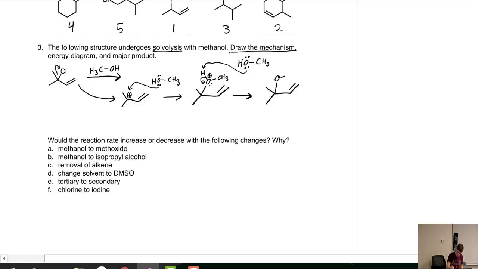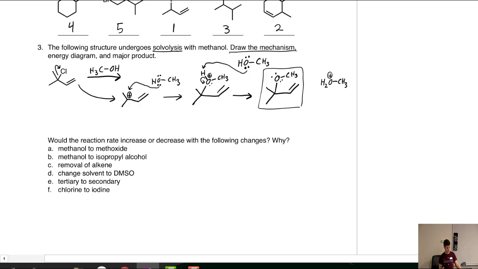Giving us our final product. So this is the one we care about. This is the product. But this over here, just to show what it looks like now, would have H2O positive charge CH3. So this is the guy we care about, and that is also our finished product.